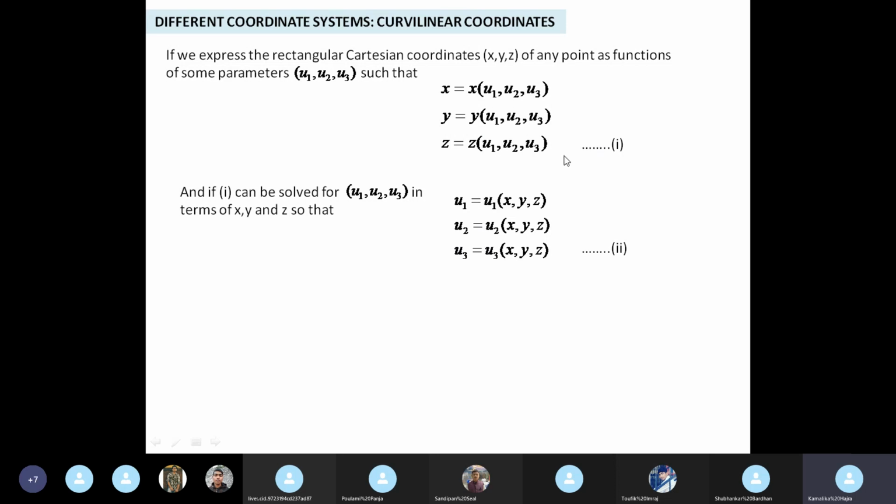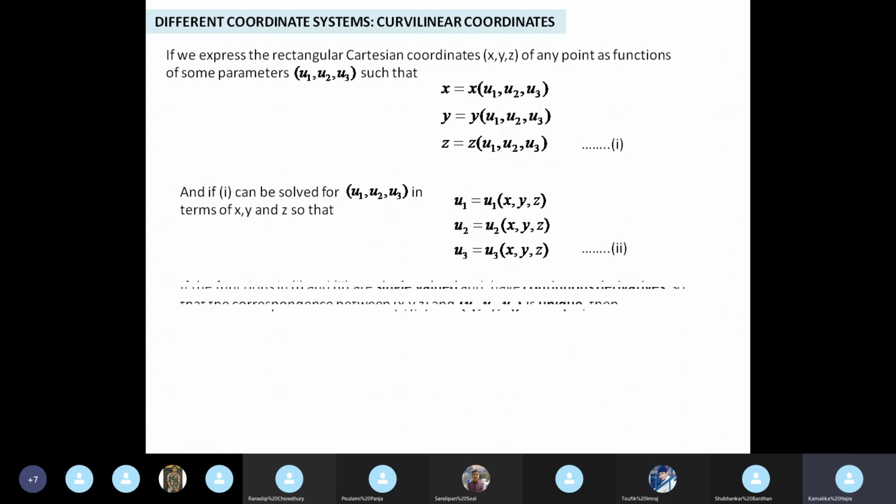So suppose this set of equations is such that this set can be solved for the unknowns u1, u2, u3 in terms of x, y, z, so that we get u1 as a function of x, y, and z, u2 as a function of x, y, z, and u3 as a function of x, y, z.